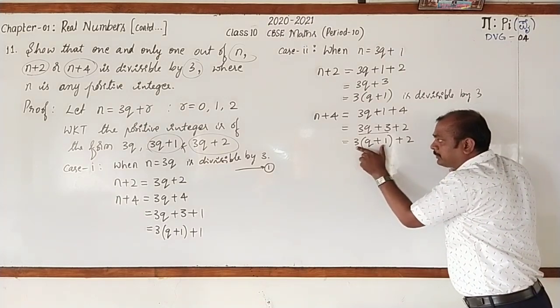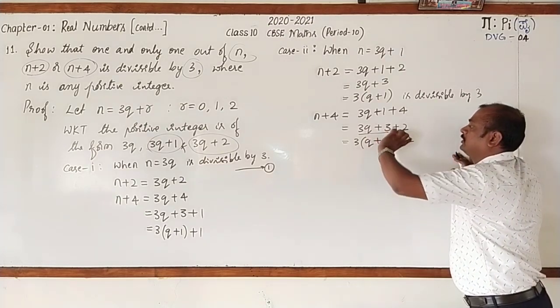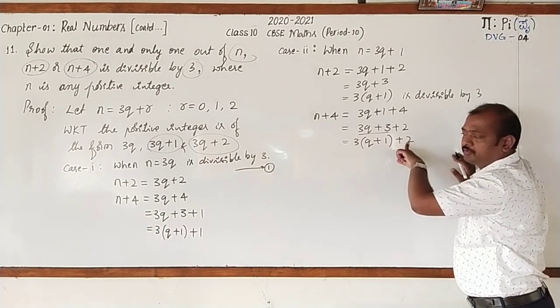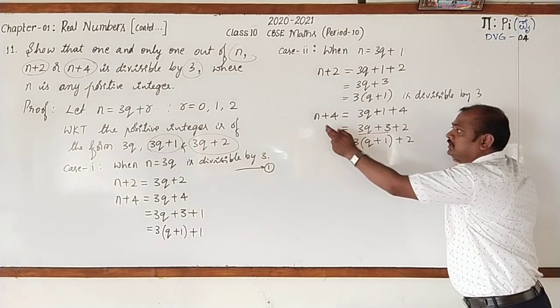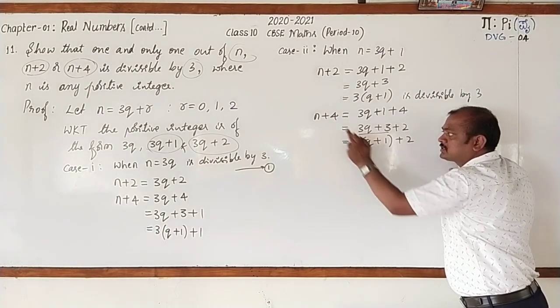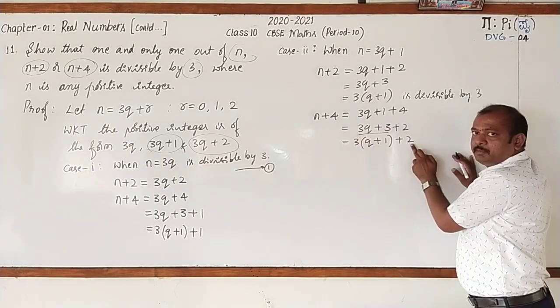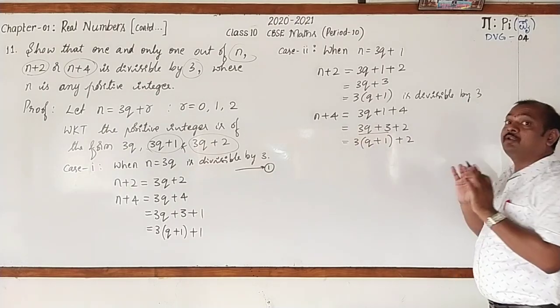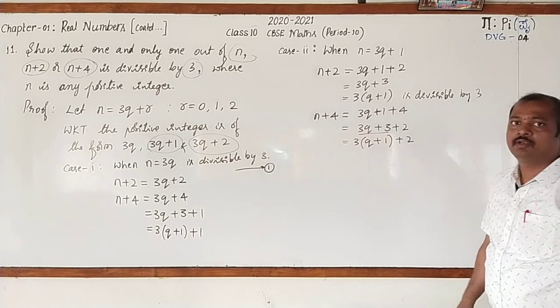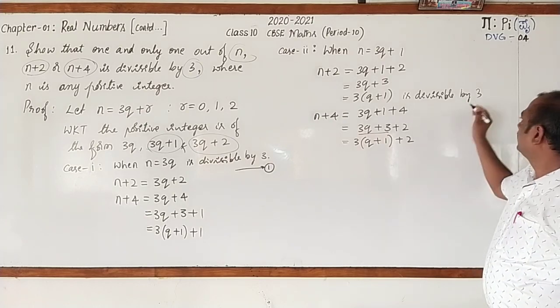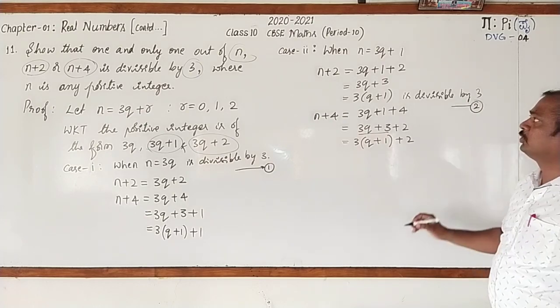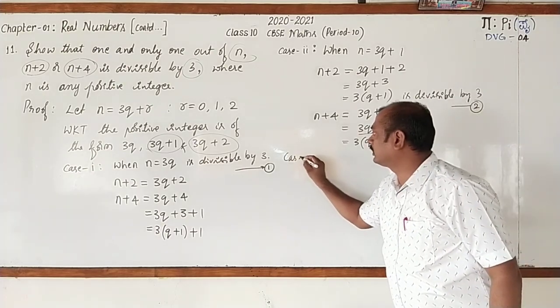Here it is the multiple of 3, but 2 is remained, right? Hence, we can say that when n plus 4 is divided by 3, it leaves the remainder 2. Hence, this is also not divisible by 3. Clear? Now, I call this as statement 2. Then we can go for third case.